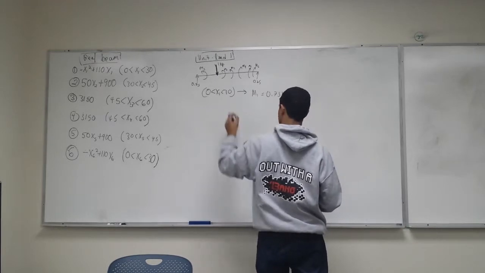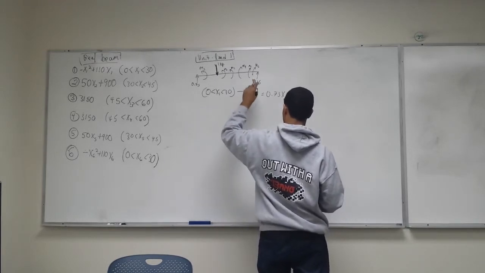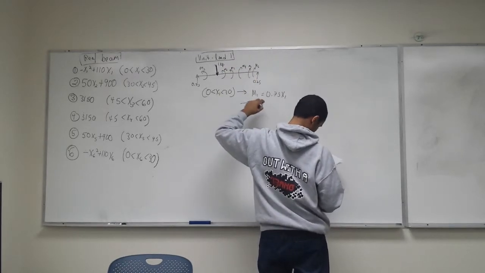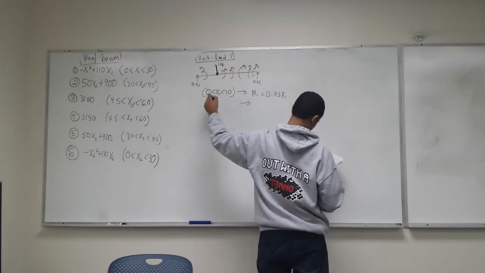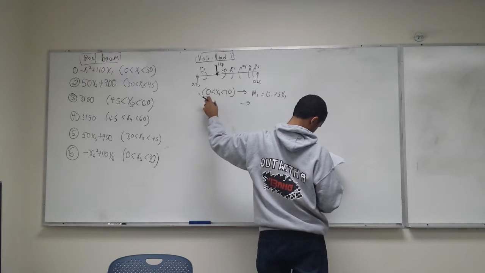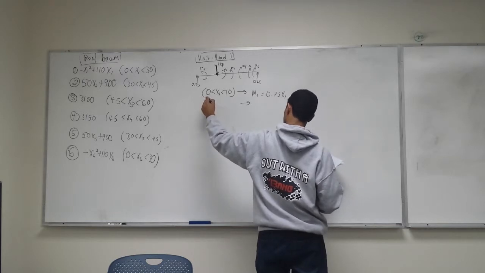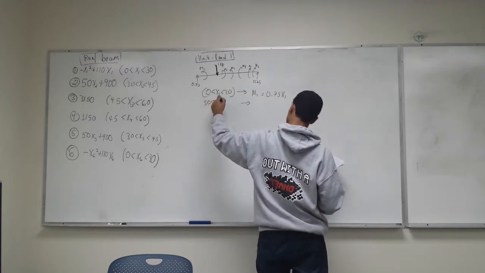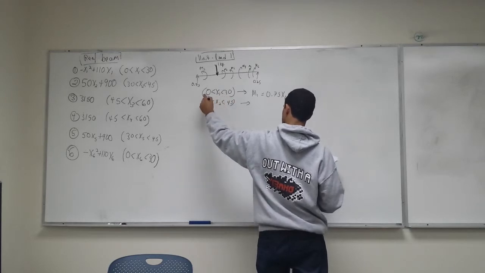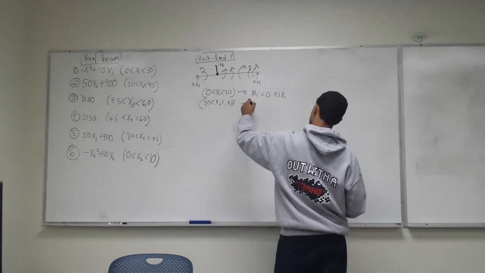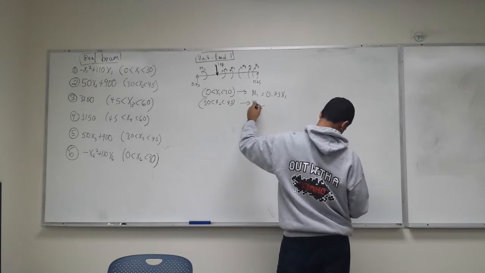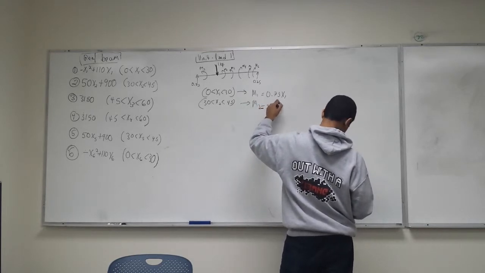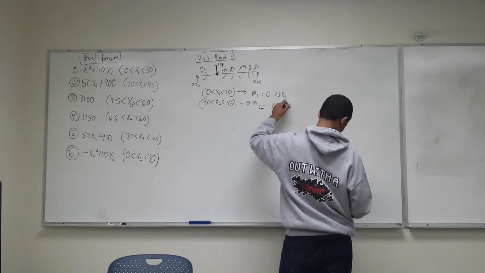For our second moment, from 30 to 45 feet, M2 is equal to negative 0.25 x2 plus 30.